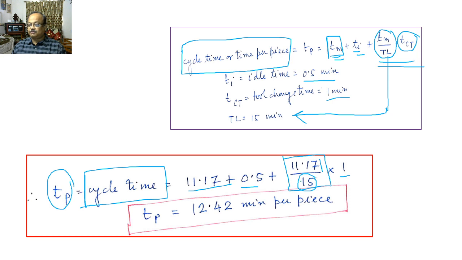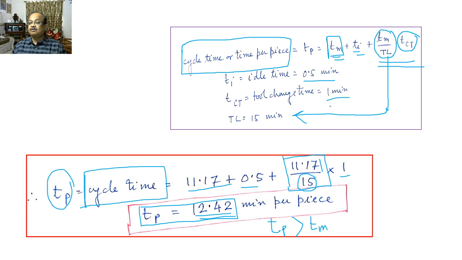So 11.17 by 15. Had the machining time been 20, then it would have been very easy to understand that 20 by 15, 1 point whatever, that many times you are changing the tool. So our cycle time for this particular problem comes out to be 12.42, and expectedly your cycle time is more than your machining time.